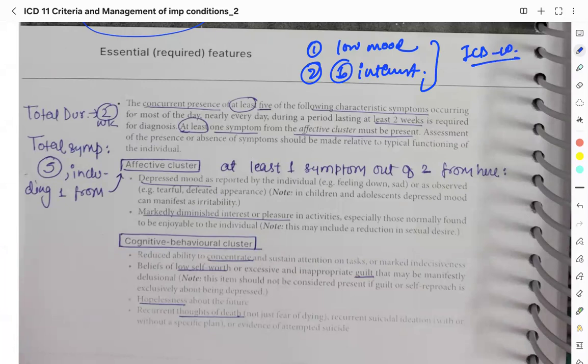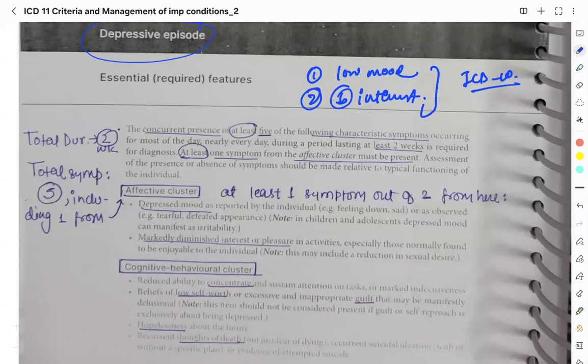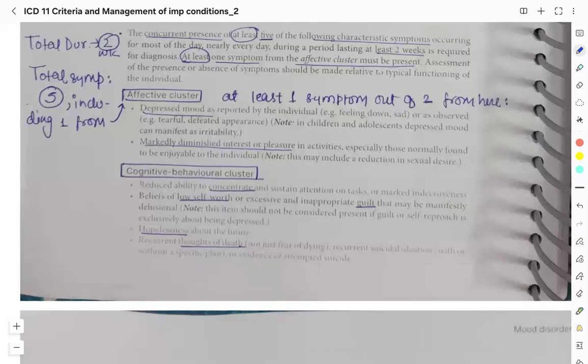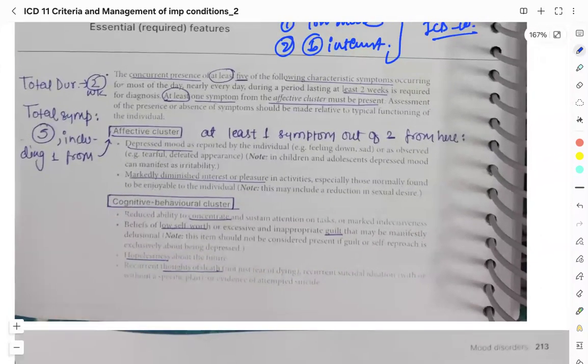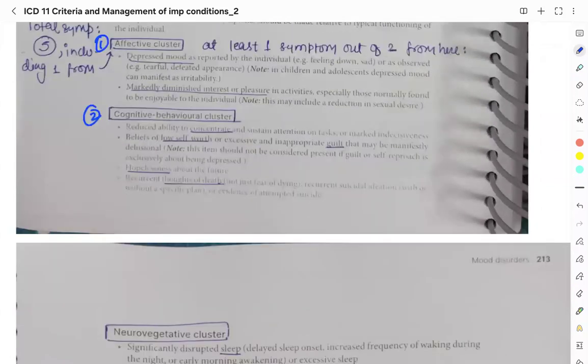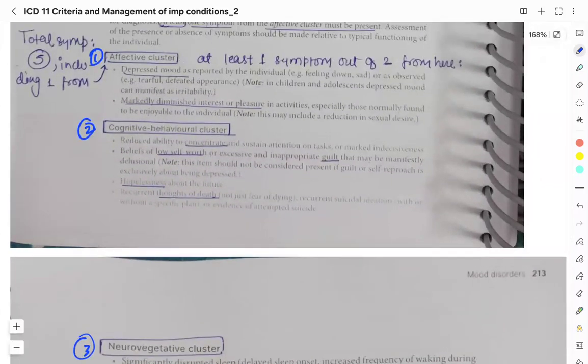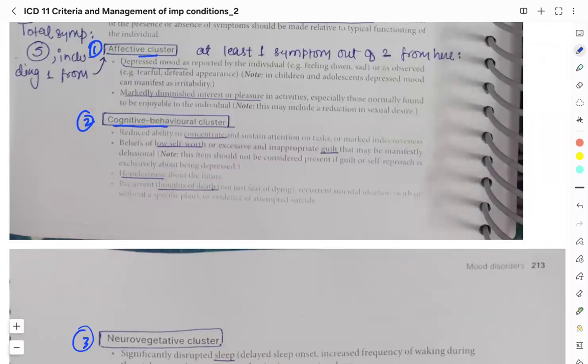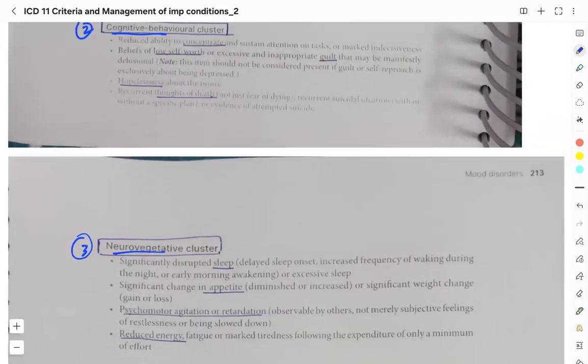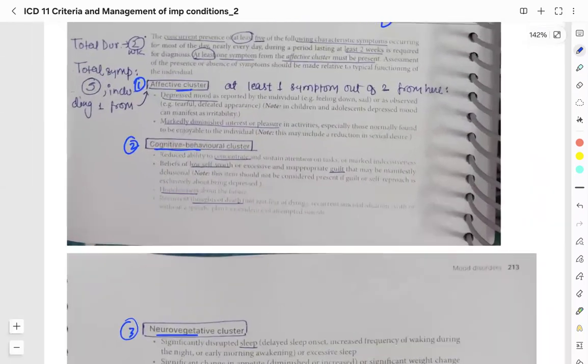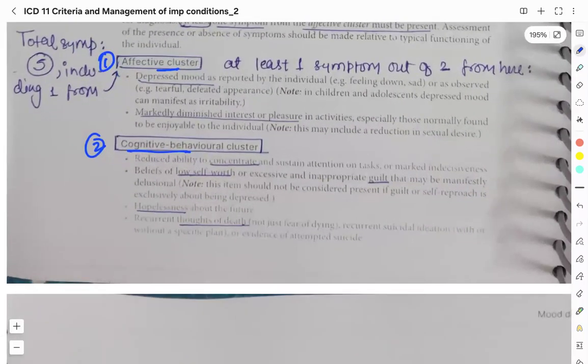ICD-11 has done three things. The first one is they have created clusters of these symptoms. They have said that the symptoms are present in three types of clusters: affective cluster, cognitive behavioral cluster, and neurovegetative cluster. And they have separated the symptoms according to these clusters. All right.